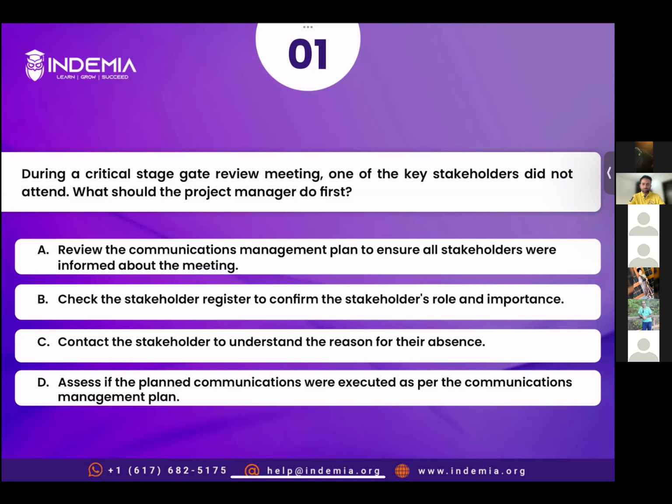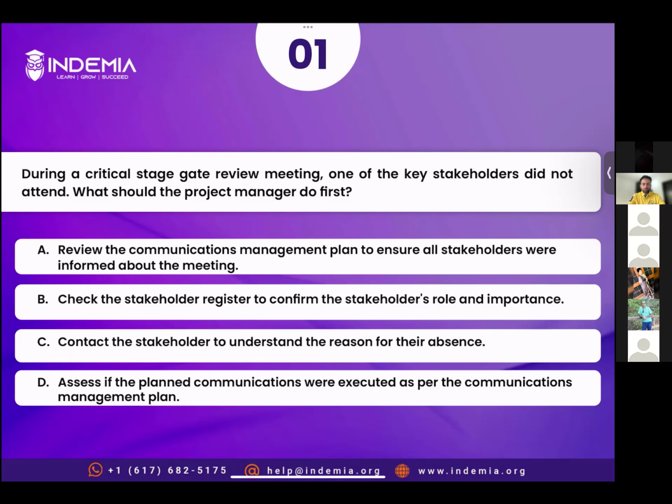Option D, assess if the planned communications were executed. The communications management plan does not have such information. It just has information about planned communication, whether a certain set of communications are planned or not, okay? So A and D you can eliminate.